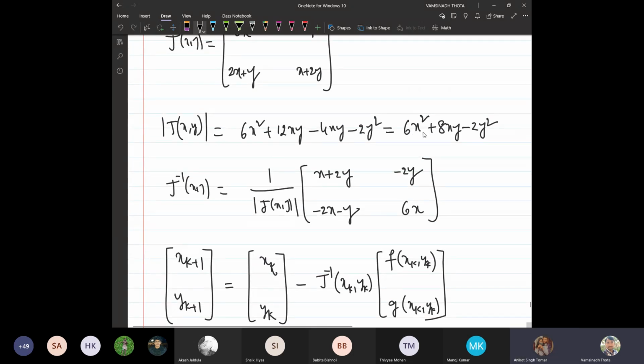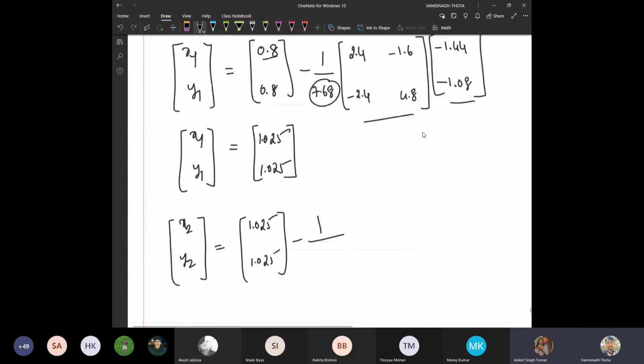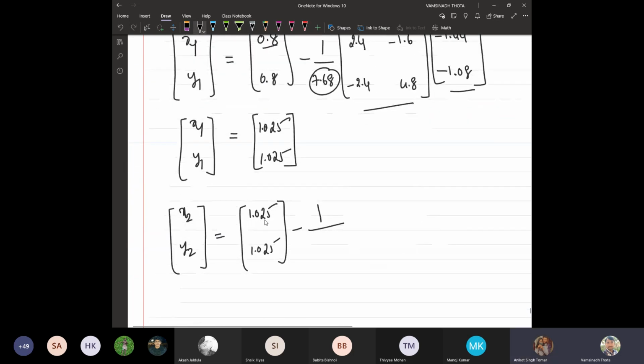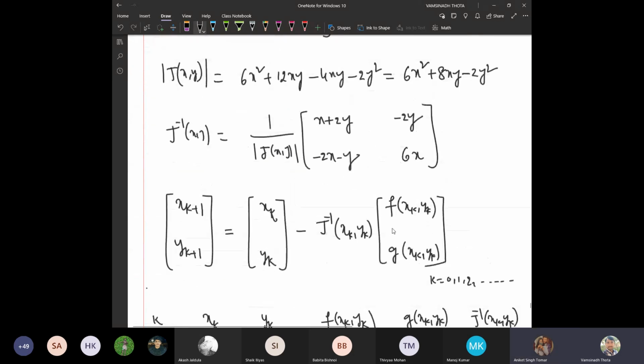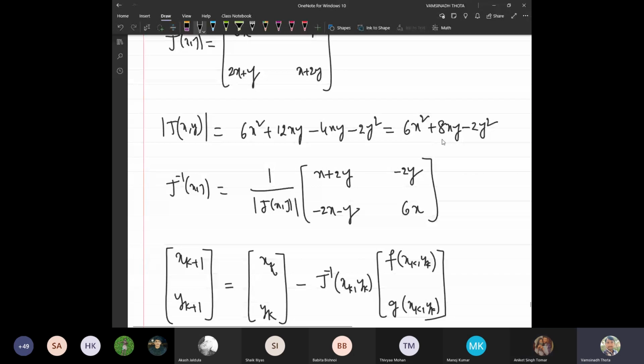Now what is x and what is y? x is 1.025 and again 1.025. So it is again 12 times 1.025 square. Can you give me the value?